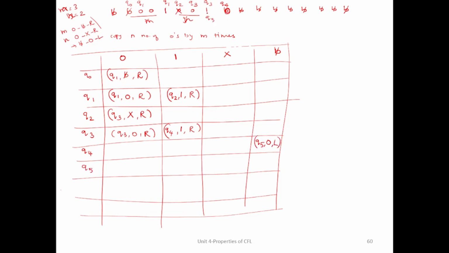If Q5 reads 1 or Q5 reads 0, only move to the left direction. So if Q5 reads 1, move to the left direction. Otherwise, if Q5 reads 0, move to the left direction. If it reads x, we should do the same process for replacing the n's 0 as x and the blank space as 0. So we should come to the right direction for replacing the 0 as x.